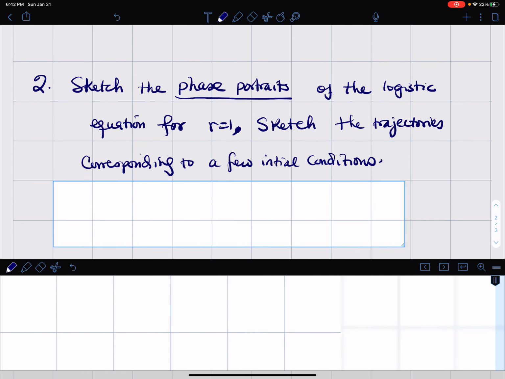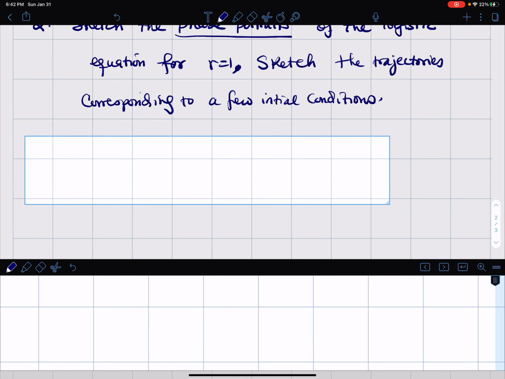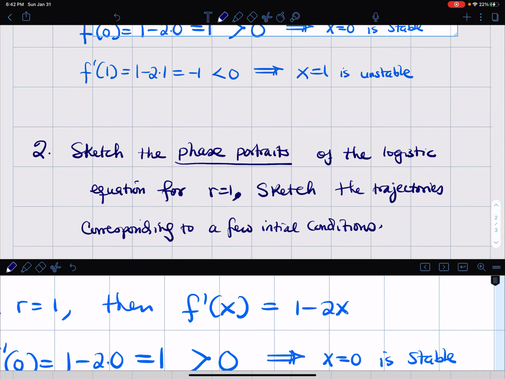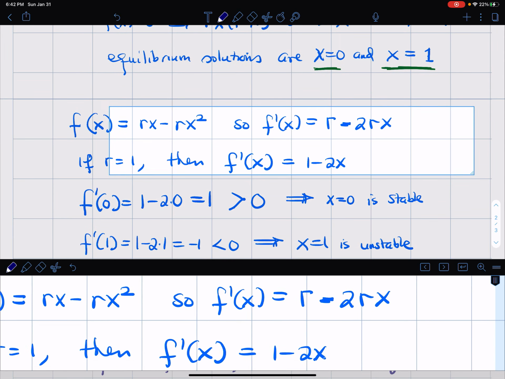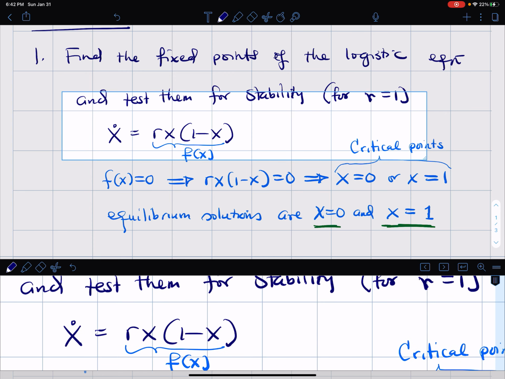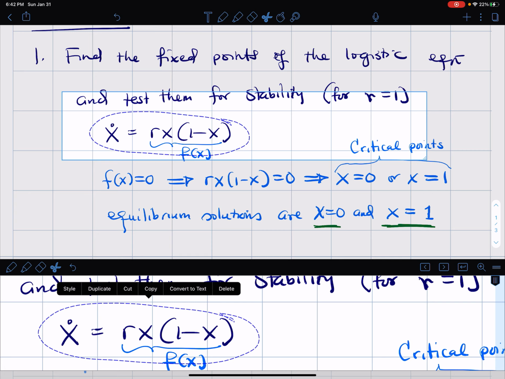All right, let's see. The phase portrait, so if we have f of x, let's grab this, copy it.